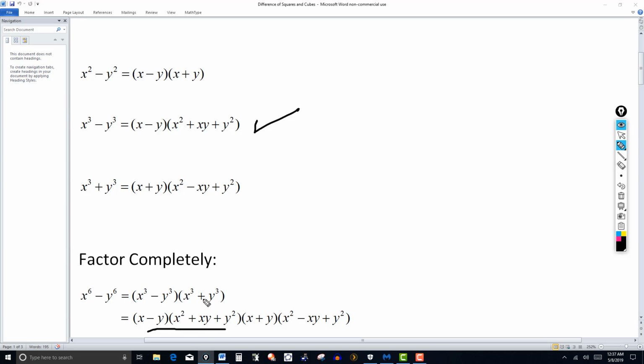And then for the sum of the cubes, you got this formula right here. First factor is x plus y, and second factor is x squared minus xy plus y squared. And he said, is this right? And of course it is.